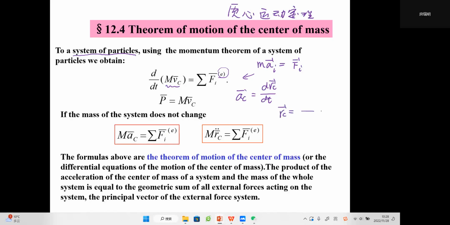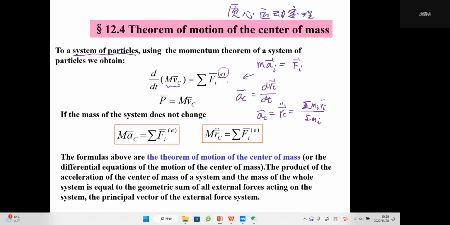We also have this expression. Do you guys still remember? We just need a reference coordinate system. So here will be sigma mi ri over sigma mi. We only need two types of derivative calculation. We can find ac equal to the double dot of rc, because each m will never change, so double dot only applies to ri.